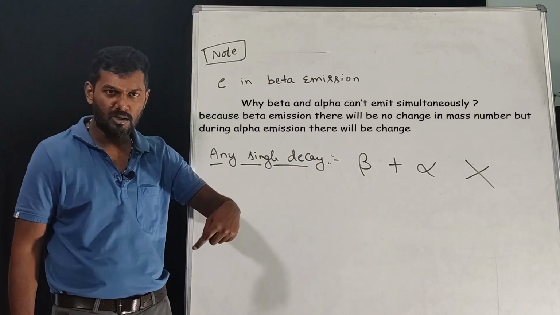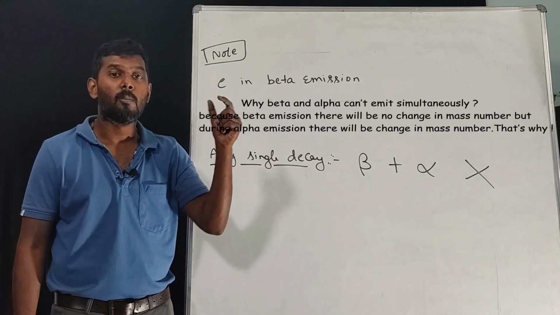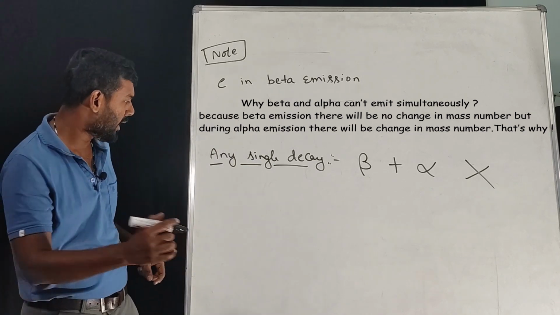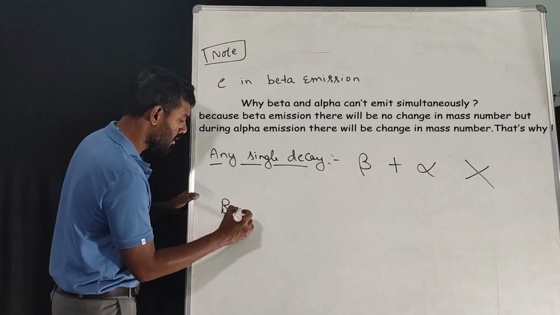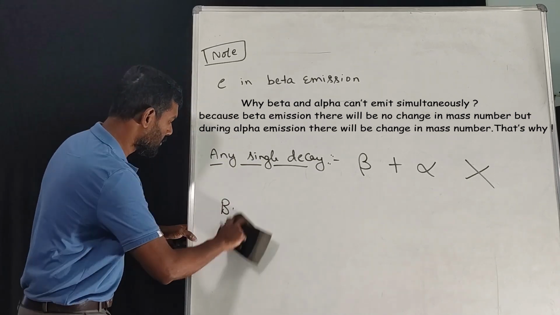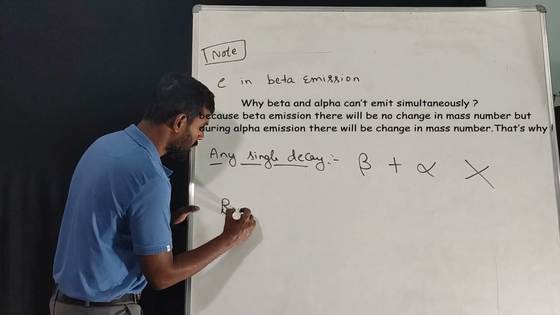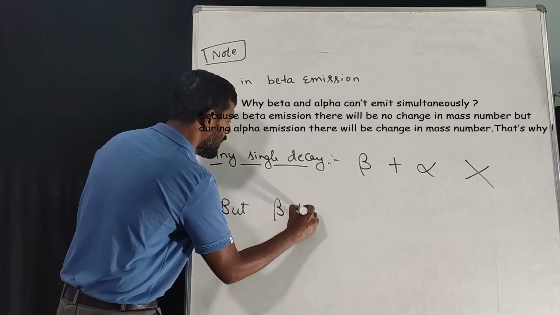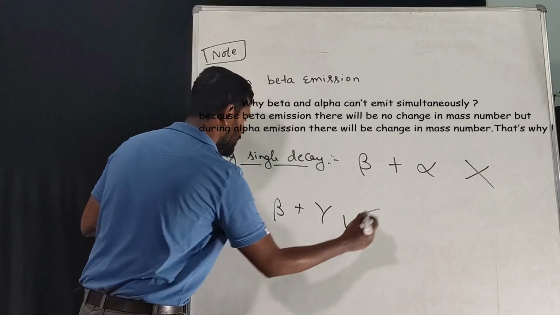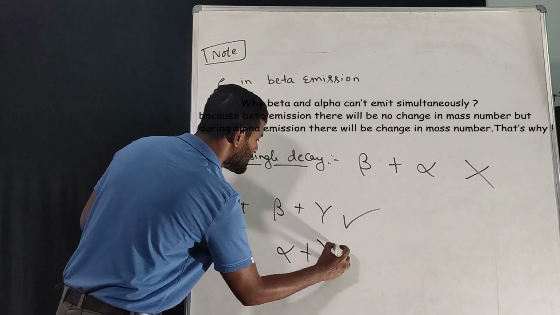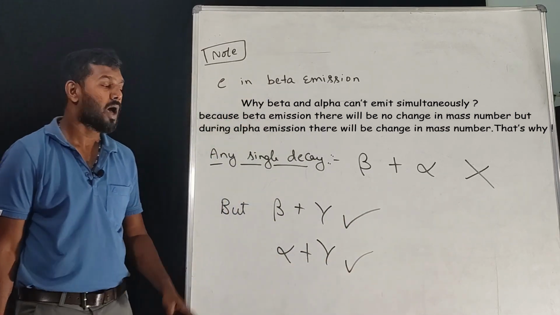Either beta will emit or gamma will emit, both is not possible. But beta plus gamma is possible, alpha plus gamma is also possible.